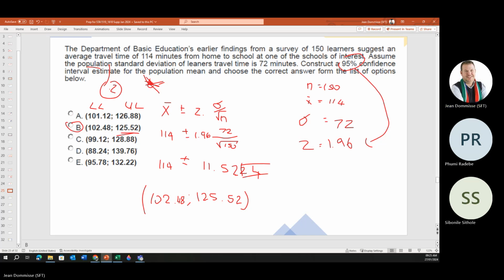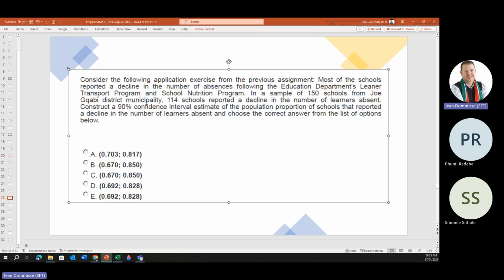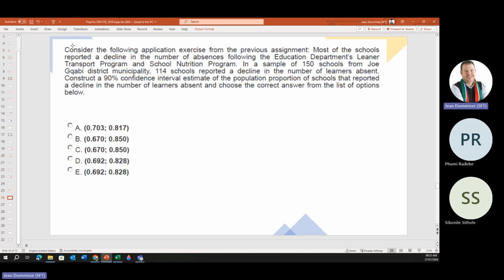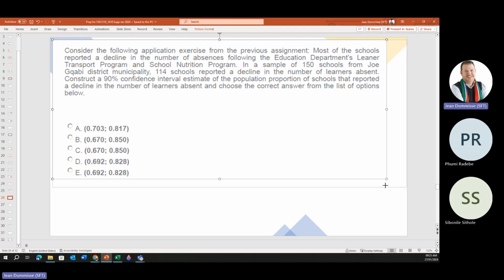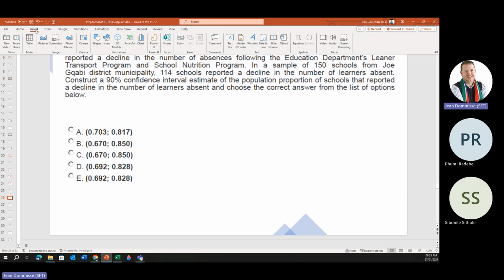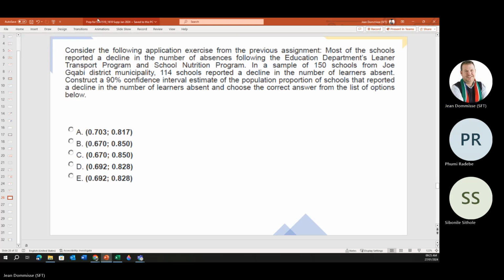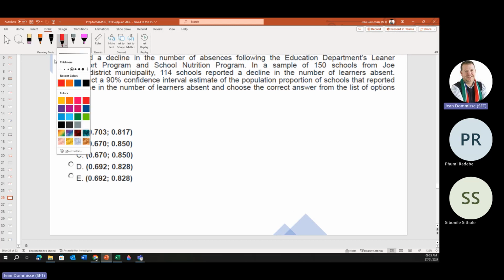Okay, so after the mean, they will ask you the proportion one. The proportion one we'll do nearly exactly the same. We'll look at the N value.